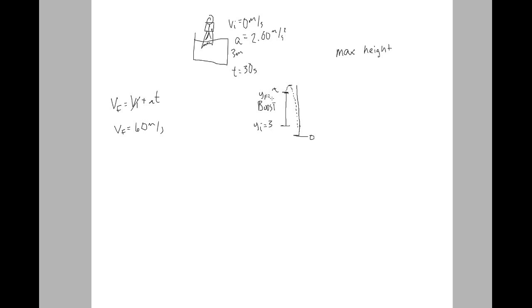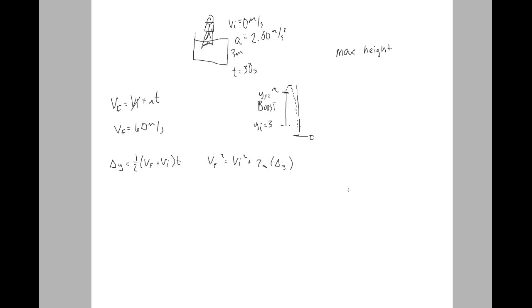So, what I need to find, I need to pick an equation that has delta y in it. Well, there's several equations that I could use. I know my v final now, so I could use 1/2 v final plus v initial times my time. I could also use v final squared equals v initial squared plus 2a times my delta y.